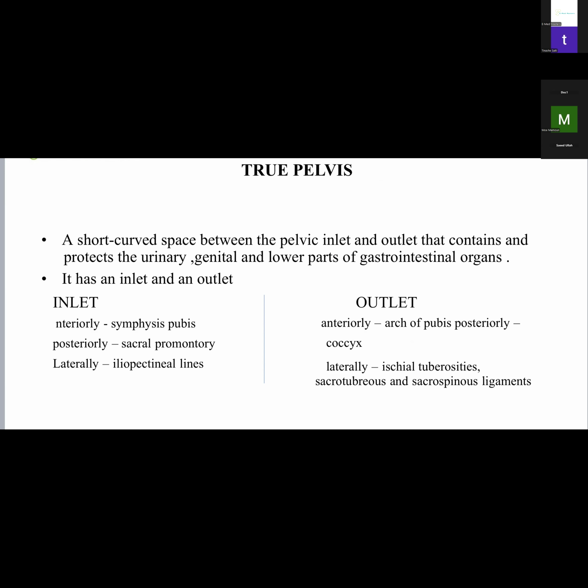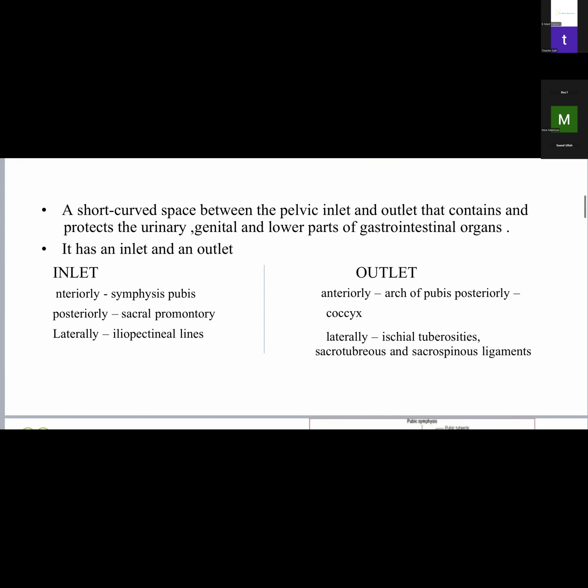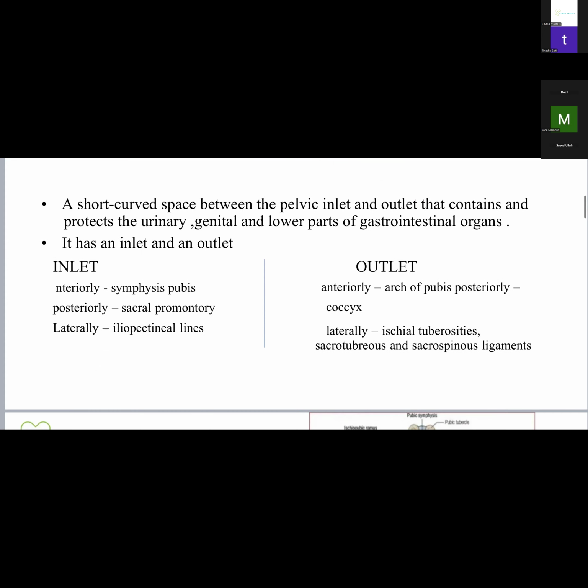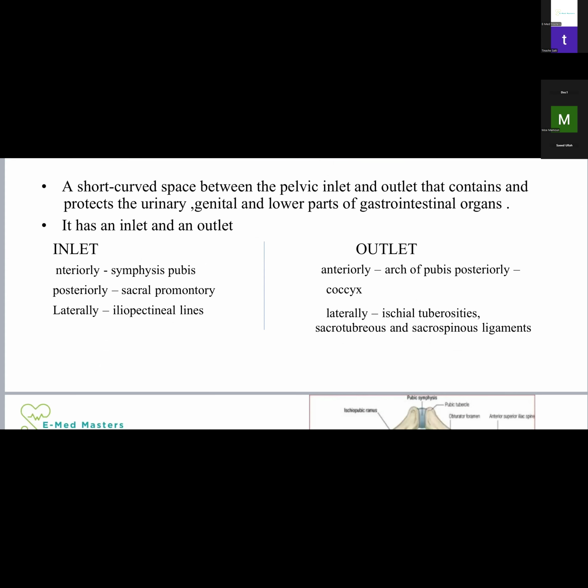So how is the pelvic outlet formed? The true pelvic outlet is formed anteriorly by the subpubic arch, posteriorly by the coccyx, and laterally by the ischial tuberosity and the sacrotuberous and sacrospinous ligaments. These are the ligaments that attach the bones together and provide support.